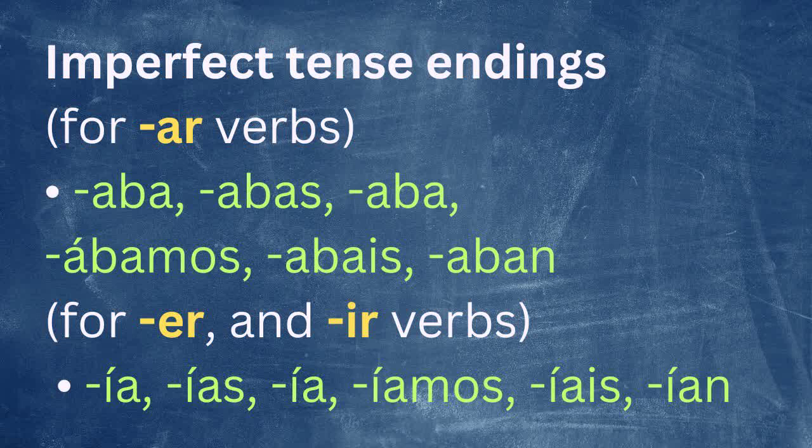For verbs with -ar, the endings are aba, abas, aba, ábamos, abais, aban. And for verbs ending with -er and -ir, the endings will be ía, ías, ía, íamos, íais, ían.